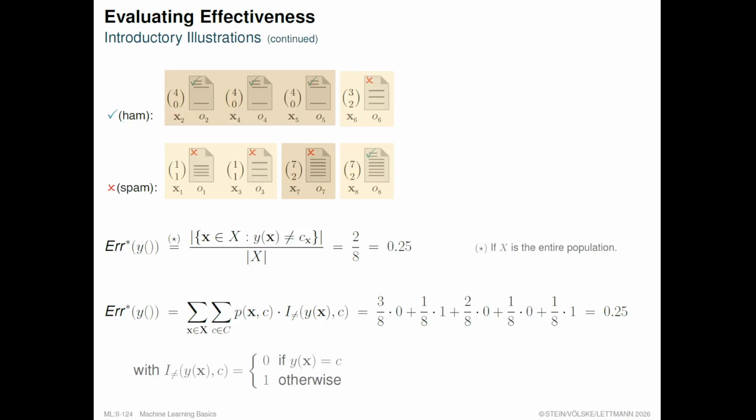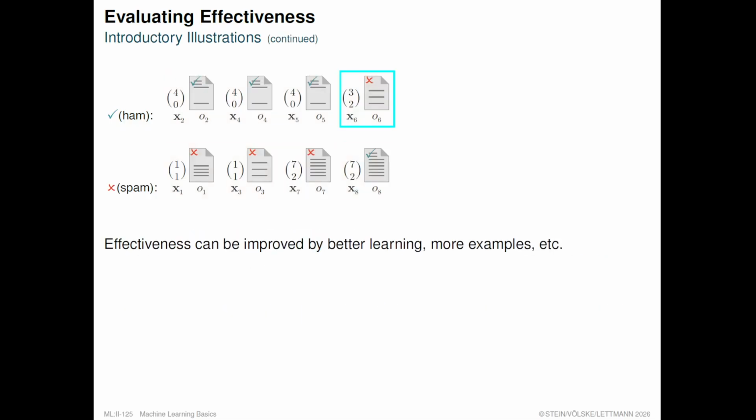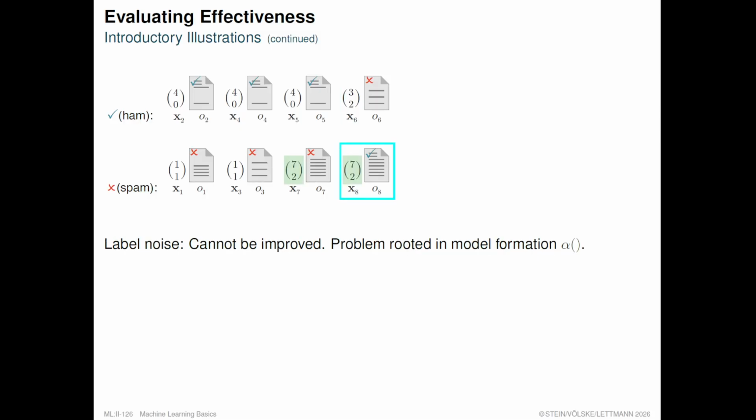Okay, here we have the computing example. So the question is, how can we improve this? Well, at first we need to detect that we have a flaw in our effectiveness. And then, once we detected this, we have certain approach vectors. One thing that we cannot improve is the labels.